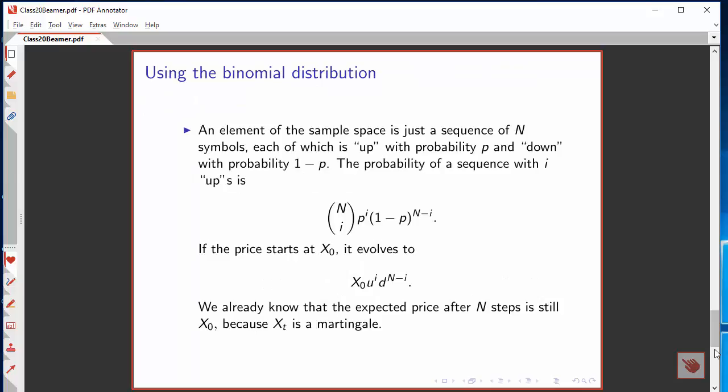Now let's think about what we can do with the binomial distribution. What's an element of our sample space? Well, it's just a sequence of n ups and downs.